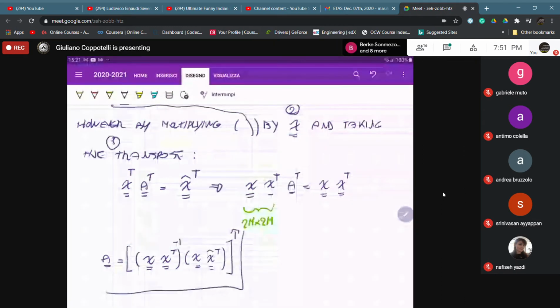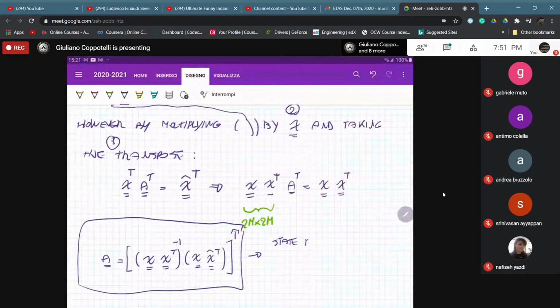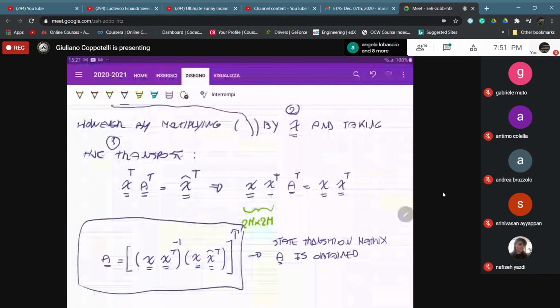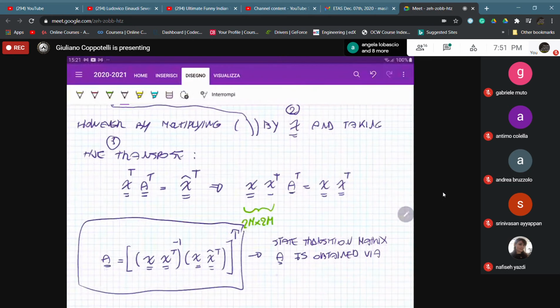What we got here is that the state transition matrix A is obtained via a least square approach.